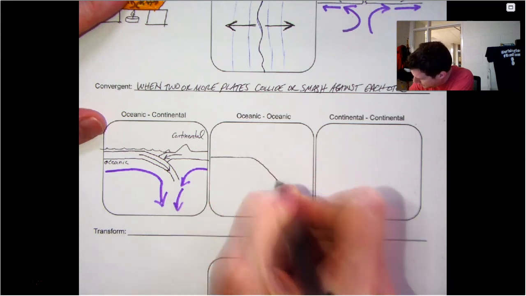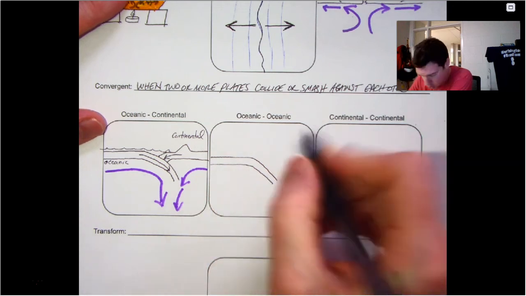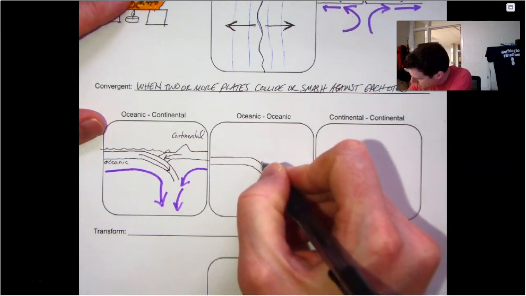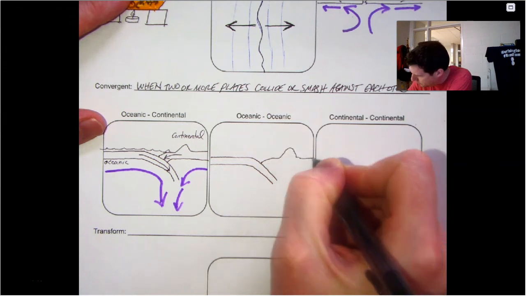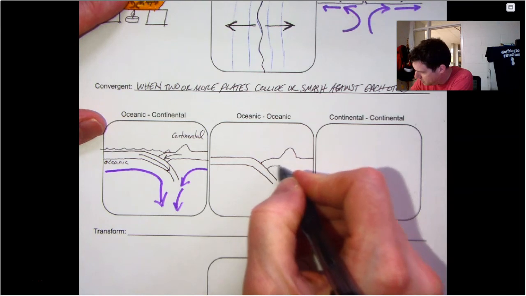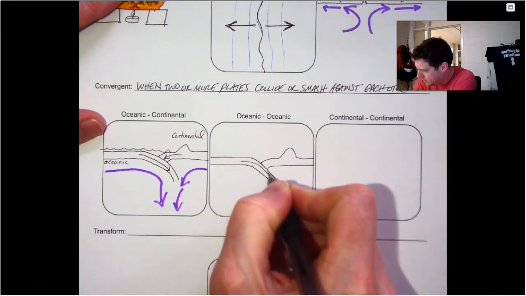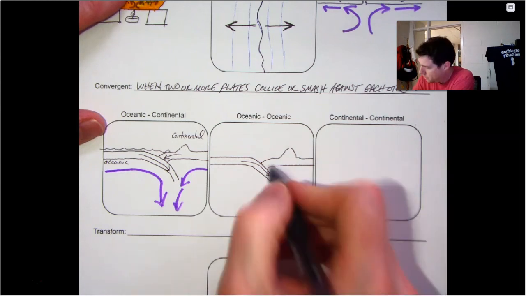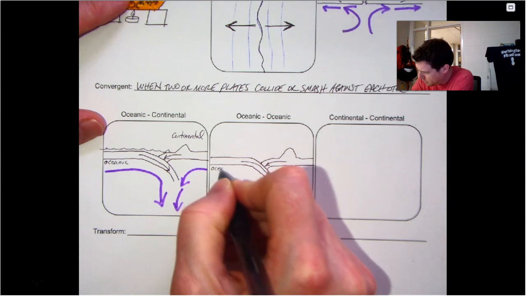And what you're going to find is you're still going to have one plate that might be a little bit more dense than the other. So whichever one is more dense is going to get subducted. Okay? They're both oceanic.